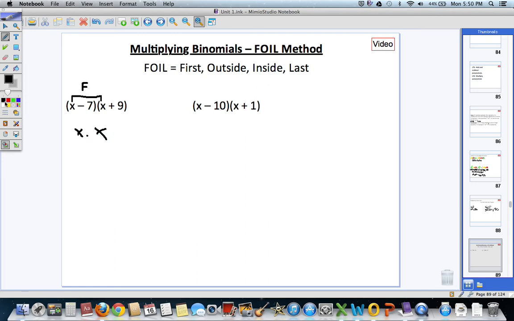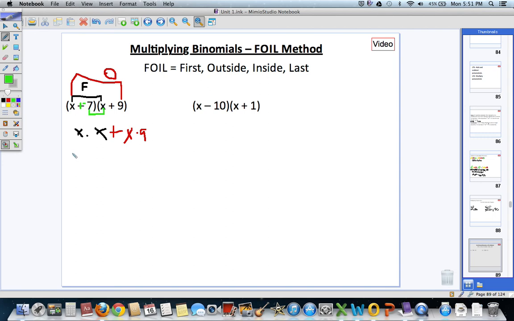And I'll do these all in a different color so you can see. O is for my outside terms. I take this outside term times that outside term. Those are going to be my outsides. So now I'm adding. I have x times 9. Let's go to green. Then I have my inside terms. So I have this times this, and it's a negative 7.